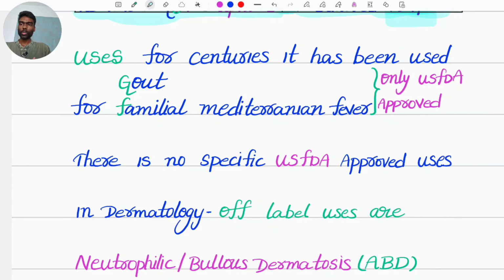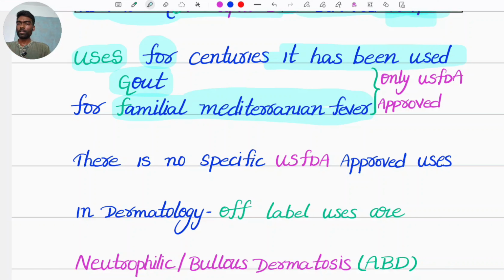Coming to its uses, both dapsone and colchicine act against neutrophils, but colchicine is useful in only some diseases. It has been used for centuries for gout and familial Mediterranean fever.